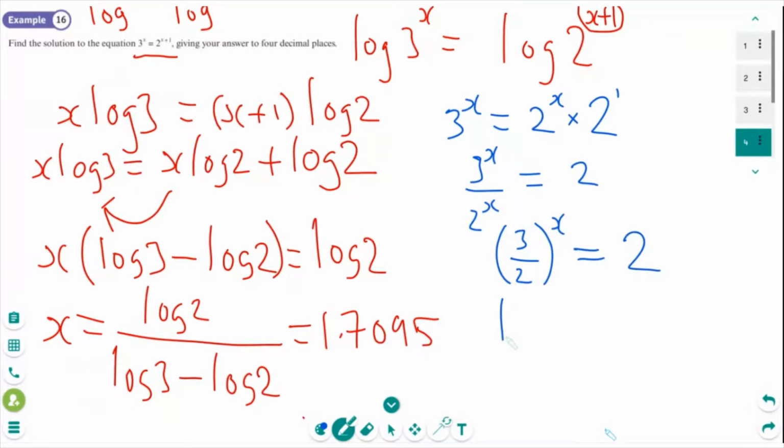So I can now say log base 3 over 2, which is 1.5, of the number 2 is equal to x. So if you type that into the calculator, log base 1.5 of 2, I get the same answer. So that's a clever way to do it, if you like being clever.